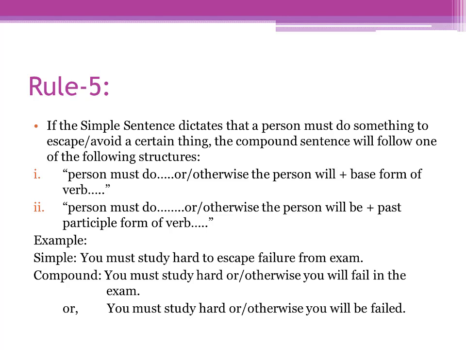Example: You must study hard to escape failure from exam. Compound: You must study hard, otherwise you will fail in the exam. Structure 2: Person must do ... or otherwise the person will be plus past participle form of verb. Example: You must study hard or you will fail.